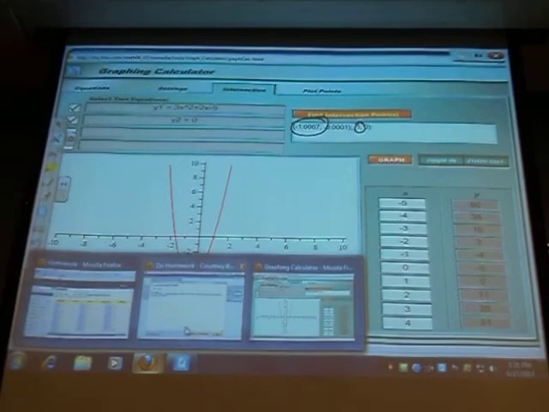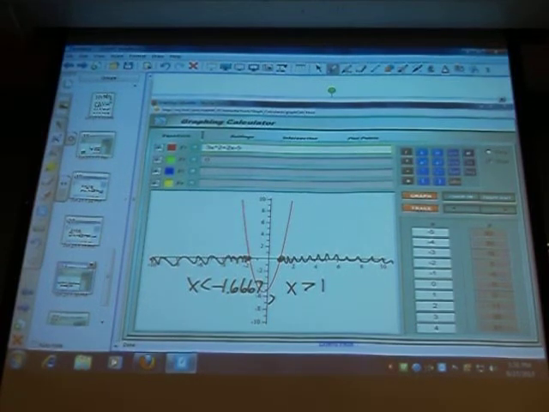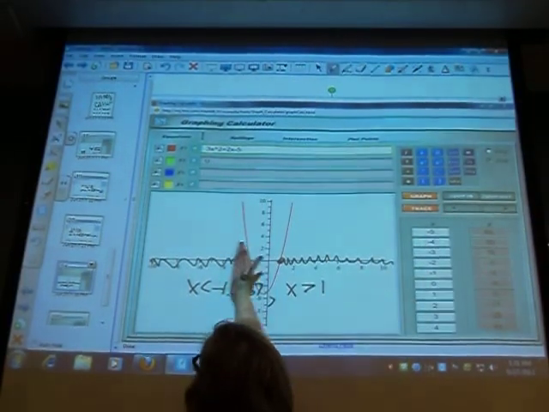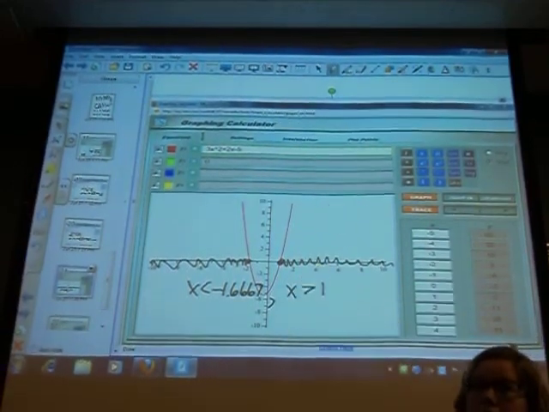So the way I would write my answer is x is less than negative 1.6667, comma, x is greater than 1. That's where this function is positive. It's positive when x is less than this number. It's positive when x is greater than this number.